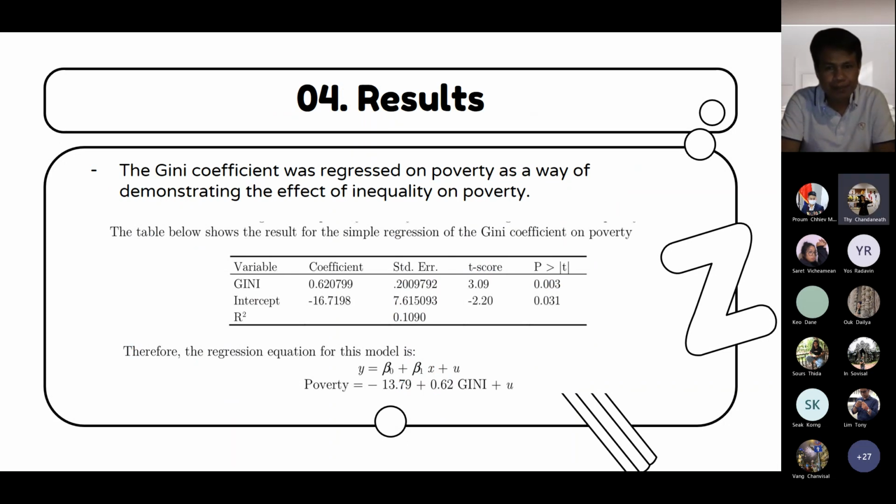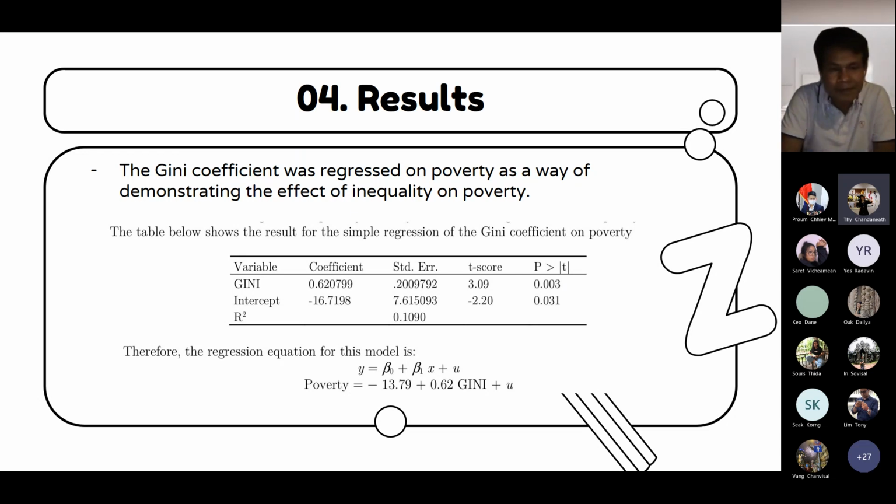So for the results, the Gini coefficient was regressed on poverty as a way of demonstrating the effect of equality on poverty. According to the table below, which shows the result for the simple regression of the Gini coefficient on poverty, the correlation coefficient is positive, meaning that if the Gini coefficient is increased by 1, it will result in a positive change in poverty, which means that the number of people living below the poverty line will increase.